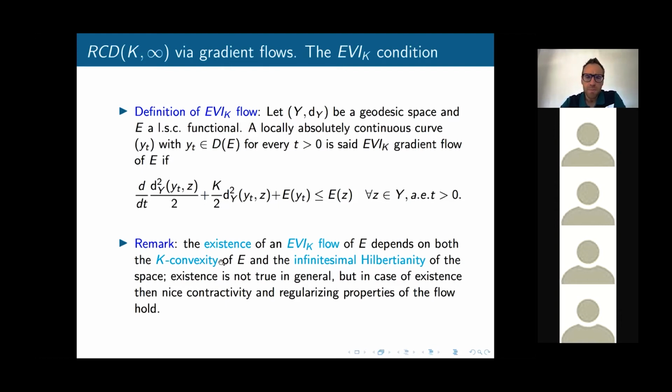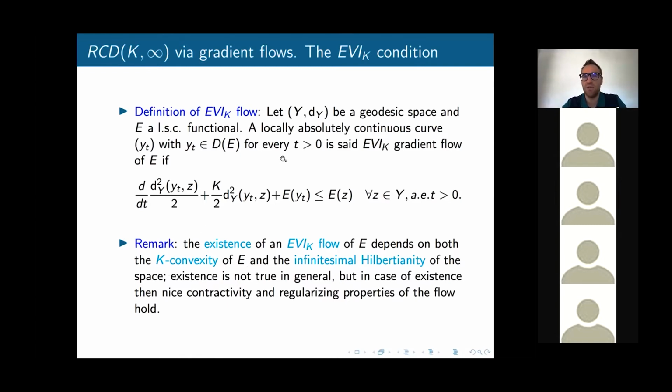Okay. So the existence of an EVIK flow actually depends on both the space and the functional E. So it is strictly related to the fact that the functional E is K-convex, and the fact that your space is infinitesimally Hilbertian.